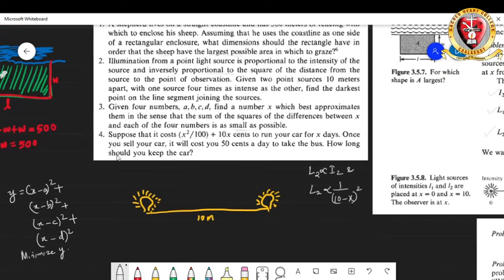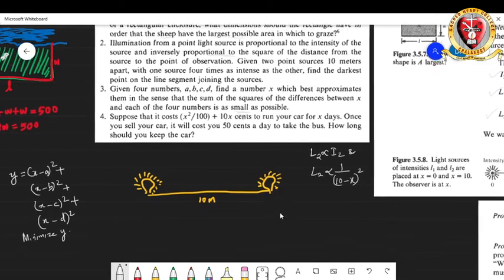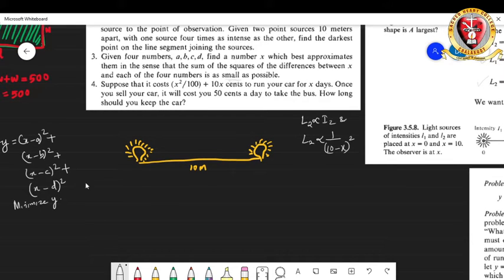Now the fourth problem is, suppose that it costs x square by 100 plus 10x cents to run your car for x days. Once you sell your car, it will cost you 50 cents a day to take the bus. How long should you keep the car? So you have day 1, day 2, and so on, up to day x.